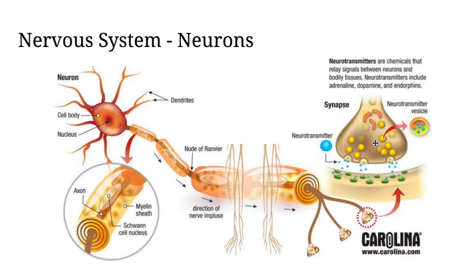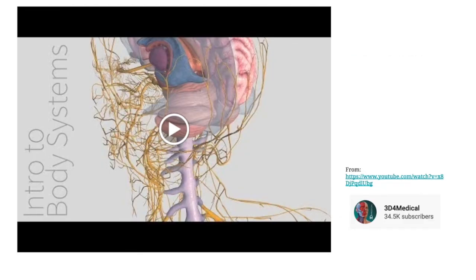Those are going to be chemicals that will carry that signal from one neuron to the next. One example would be adrenaline, which would function from your sympathetic nervous system that we were just talking about under stressful conditions. Just to kind of wrap up a little bit here, we have another short video.